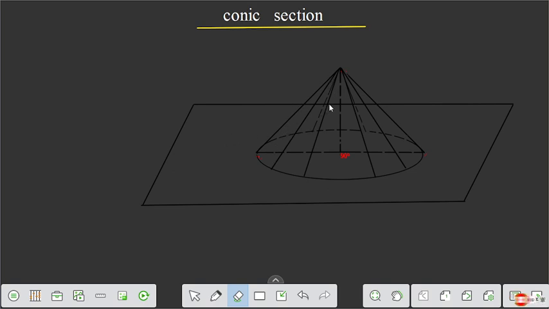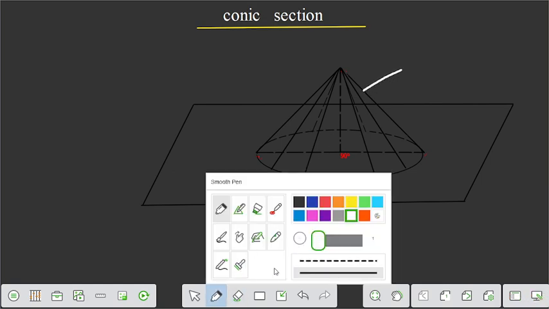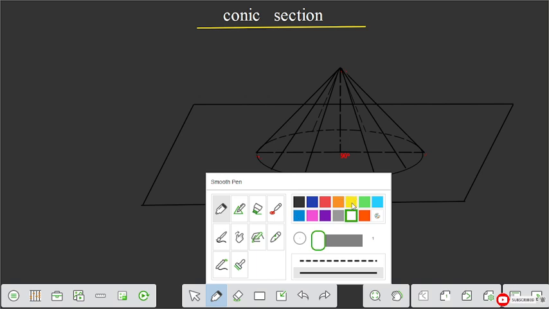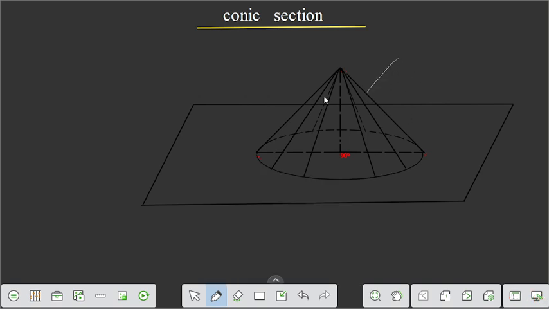Okay, so these lines are called end generators. And this backside line is marked as the saddle line. These lines are generator lines.